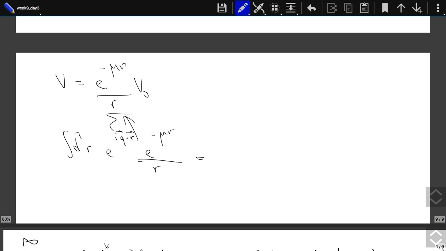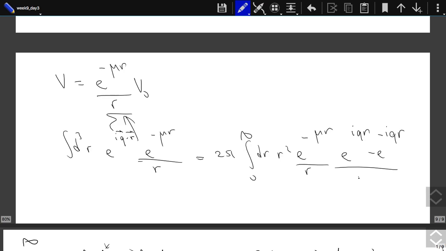Again, we can do the angular integrations first. That will give me 2π from the φ integral, then the integral dr r squared from 0 to infinity of e to the power minus mu r over r. Then I have the cosine theta integral, which just brings me e to the power iqr minus e to the power minus iqr, divided by iqr.